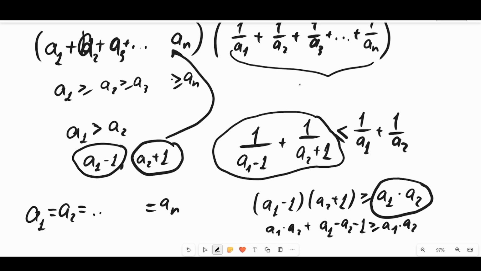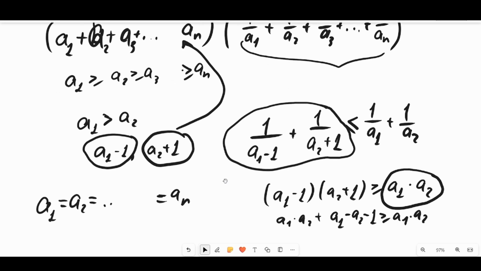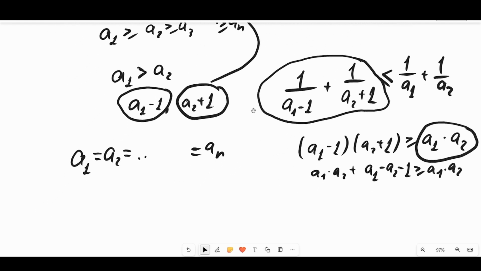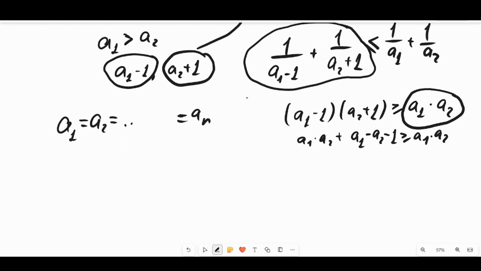Otherwise, we can do these operations and the maximum element will decrease by 1 and the minimum element will increase by 1. So in this case, this new number is less than the previous one. So the right product will be minimized when all of them are equal to each other. And so we can see that the minimum is attained when all of these numbers are equal to each other.